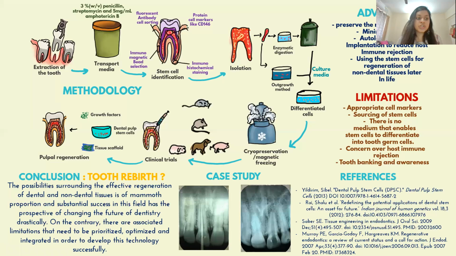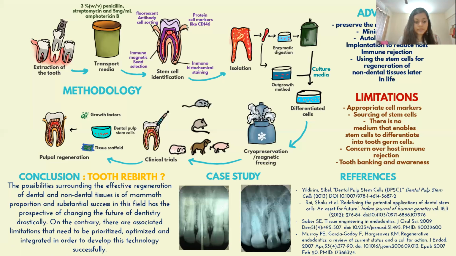You can create differentiated cells of the pulp, but for the germ cell, there is no medium that enables us to recreate the tooth germ cells. There is concern over host rejection, and one of the biggest concerns is tooth banking and the awareness of this whole process.